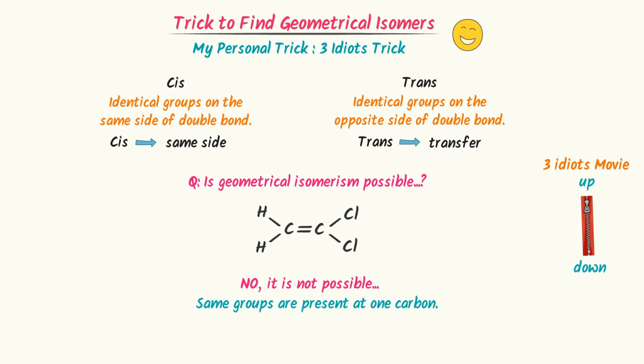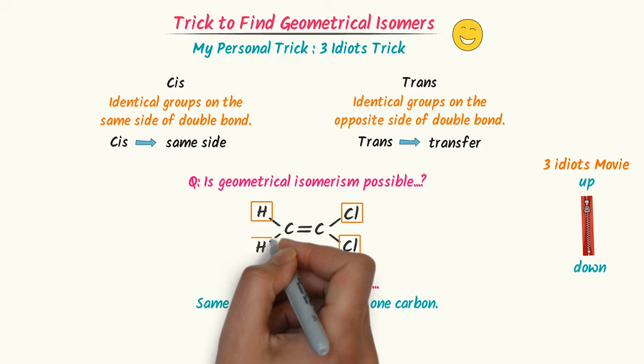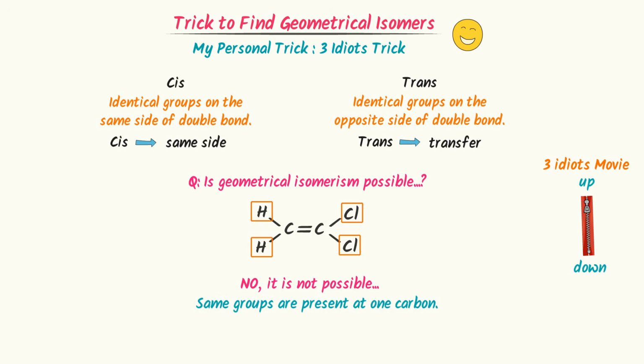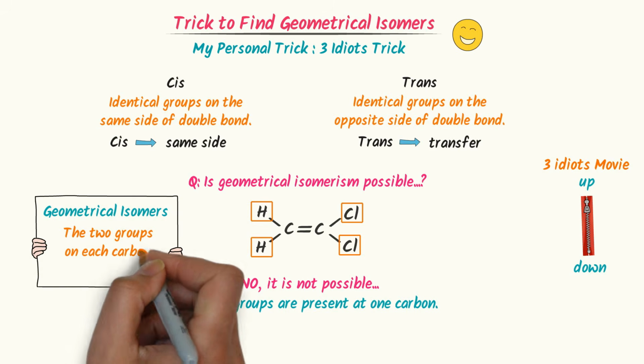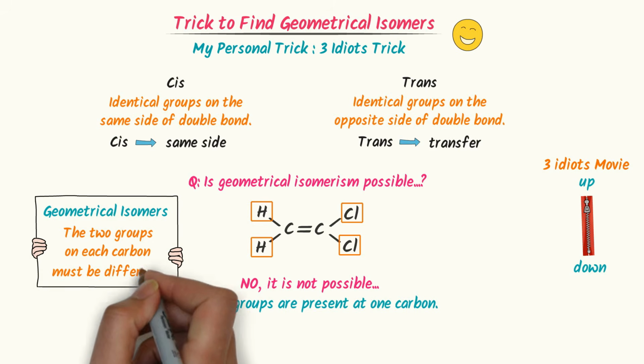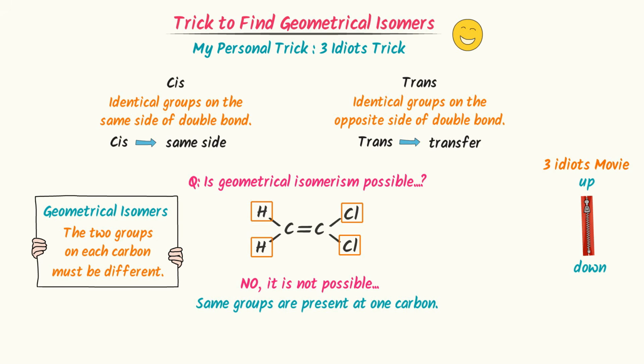For example, this chlorine and this chlorine are present on one carbon, while this hydrogen and this hydrogen are present on another carbon. So geometrical isomerism is not possible in it. Remember that for geometrical isomerism, the two groups on each carbon must be different.